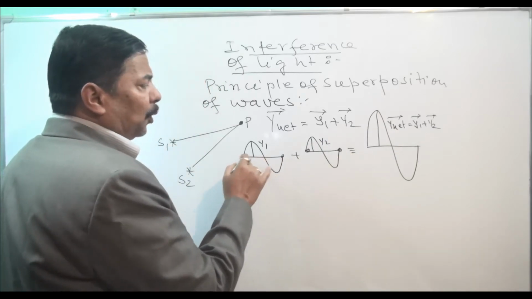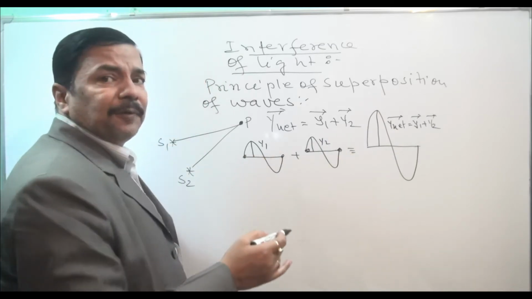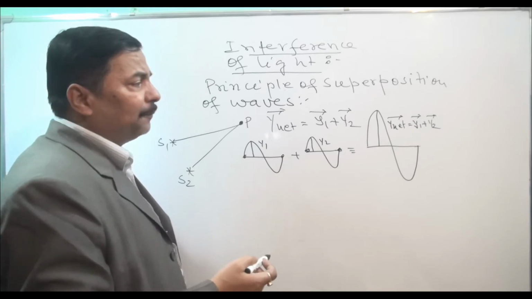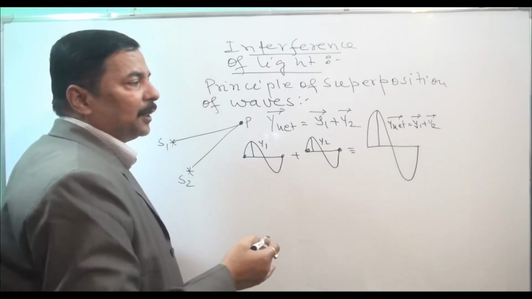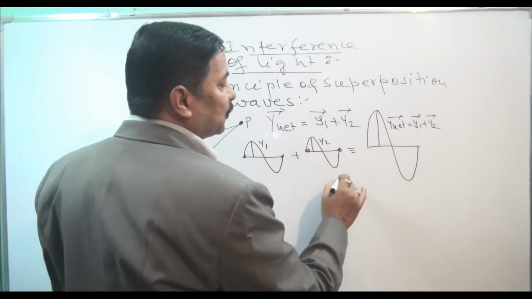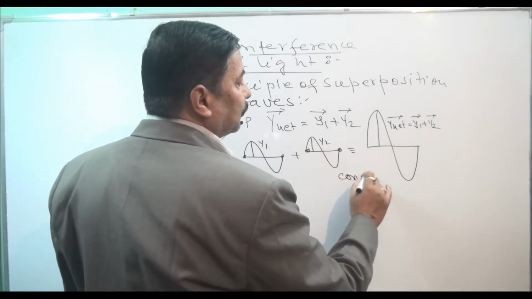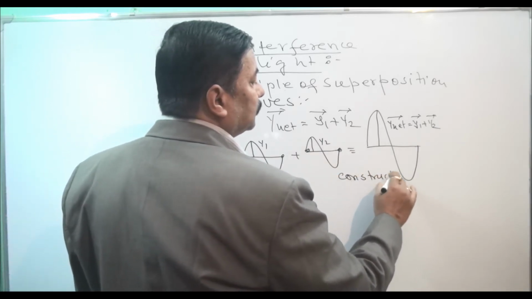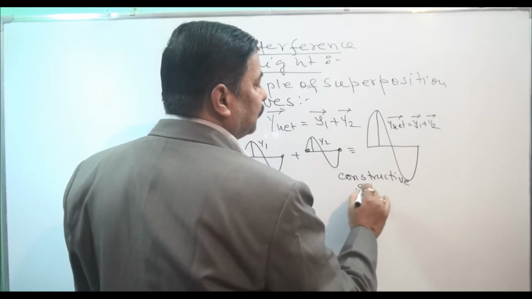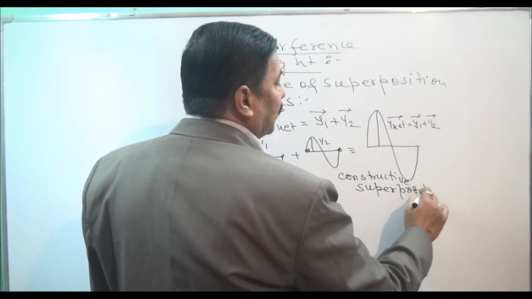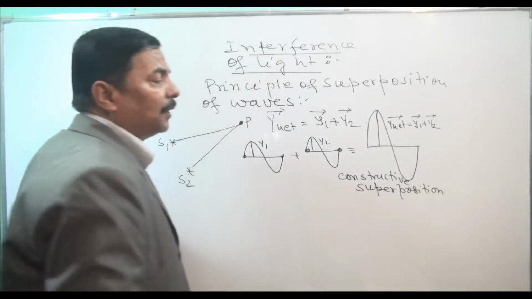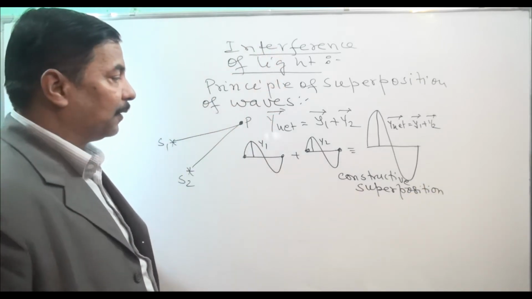Here both waves are meeting in the same phase, interfering in the same phase, so the net displacement is more than the individual displacements, and this is called constructive superposition. The result of constructive superposition will be constructive interference.